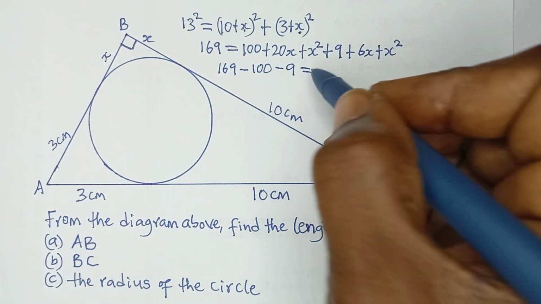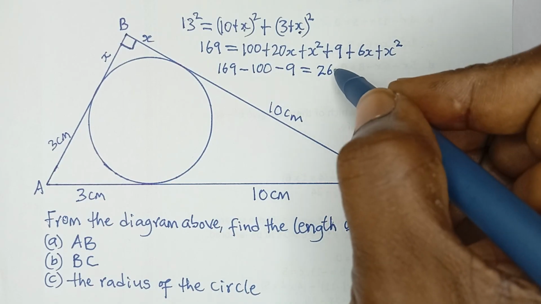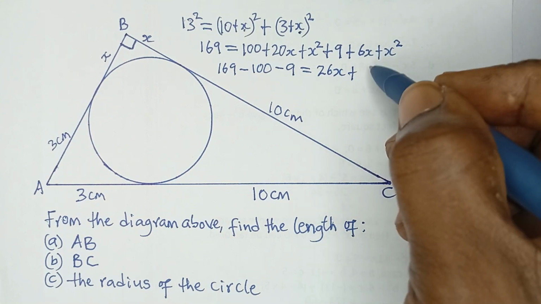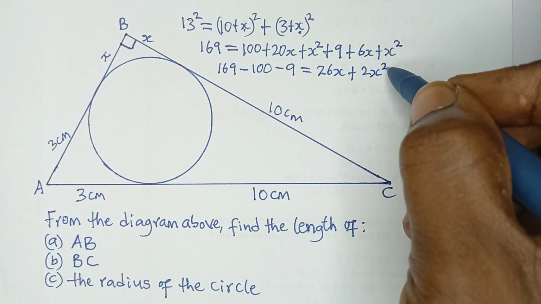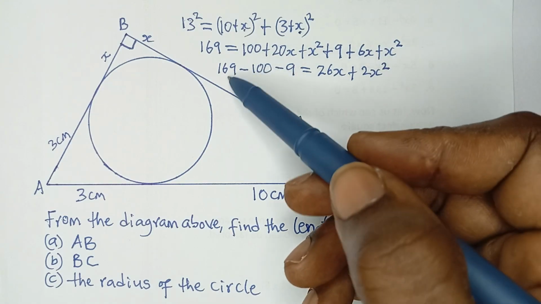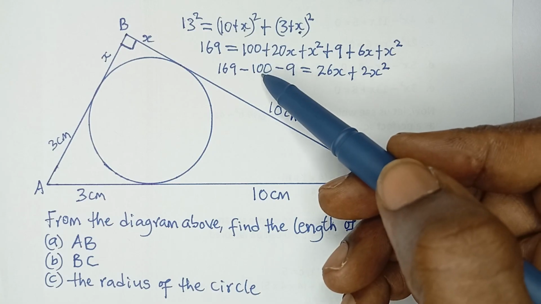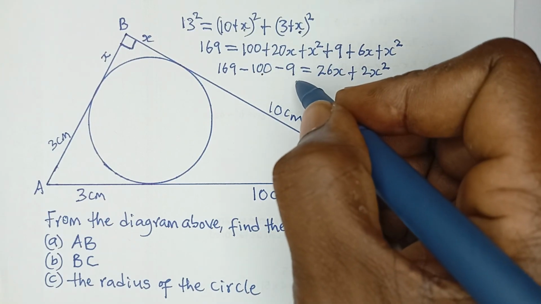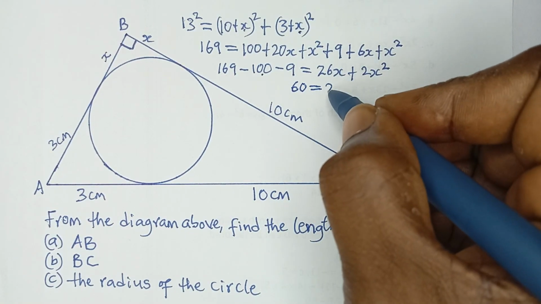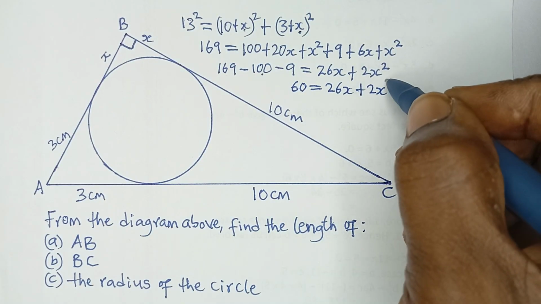That will be equal to 20x plus 6x, which gives me 26x, and then x squared plus x squared gives me plus 2x squared. Then 169 minus 100 gives us 69, and then 69 minus 9 simply gives us 60. So I have 60 is equal to 26x plus 2x squared.